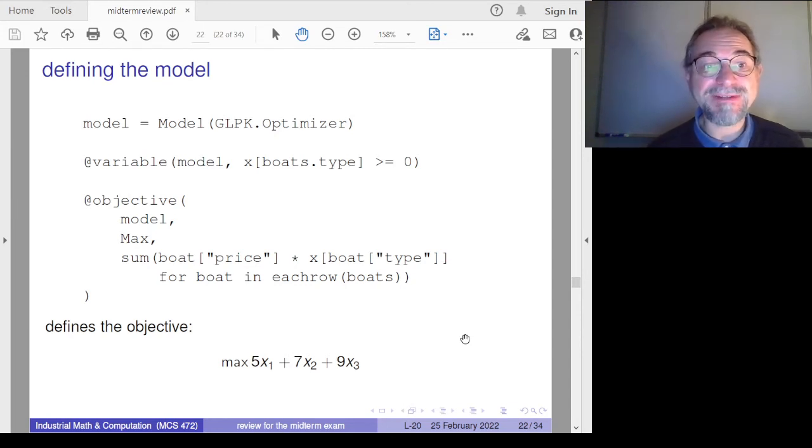The objective is a maximum. So we will maximize the rental price times every type of boat. The data frame was called boats. So for every row in that data frame, we will sum up. And that will define the objective that we reformulated earlier when we set up the model.